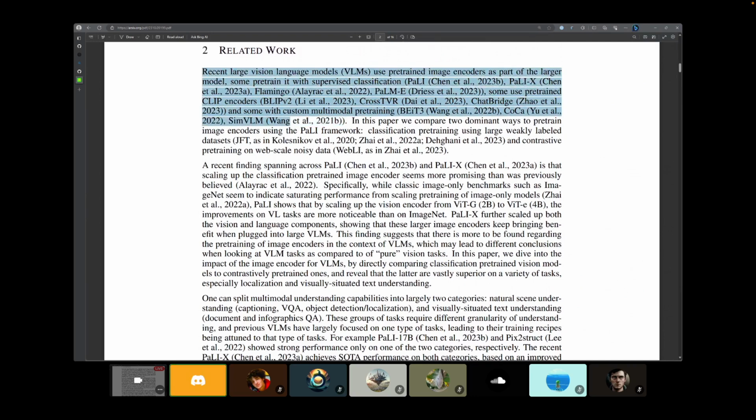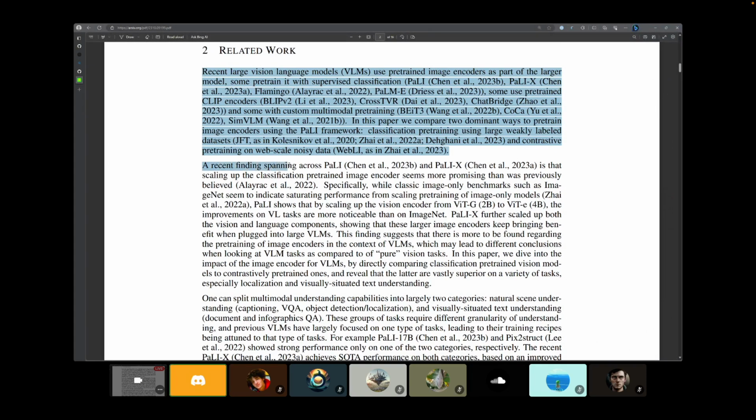In this paper, we compare 2 dominant ways to pre-train image encoders using the PaLI framework: classification pre-training using large, weakly labeled datasets, and contrastive pre-training on a web scale with noisy data.